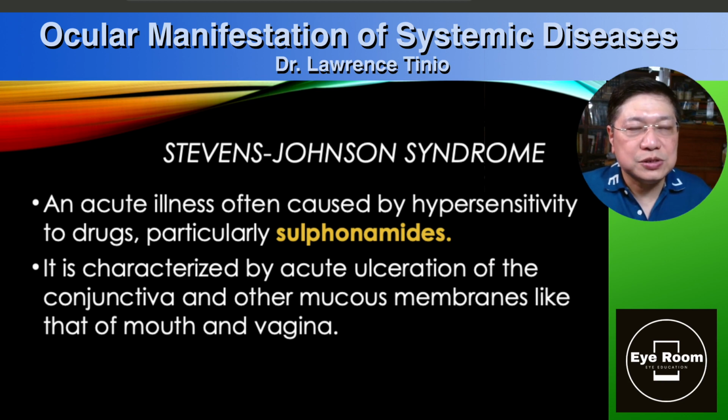Now, Stevens-Johnson syndrome is a very serious problem, such that in classification of dry eye cases, there's an entirely different segment devoted to Stevens-Johnson syndromes, and it's basically a hypersensitivity to drugs, in particular sulfonamides. So you look at your patient's medications.